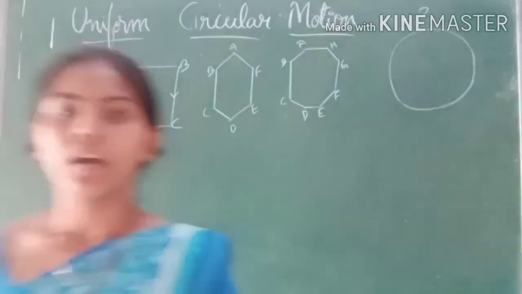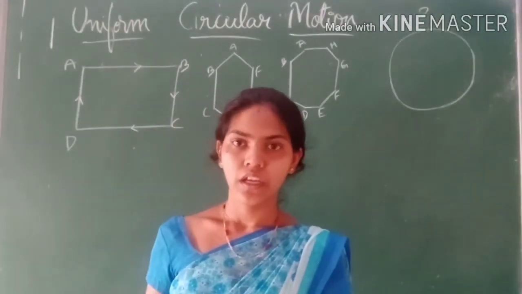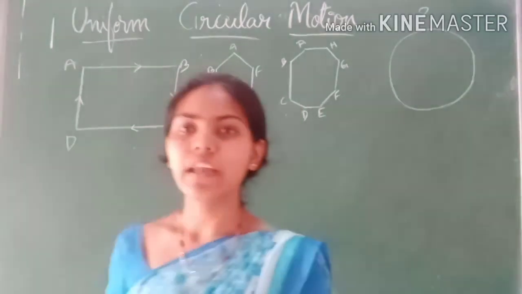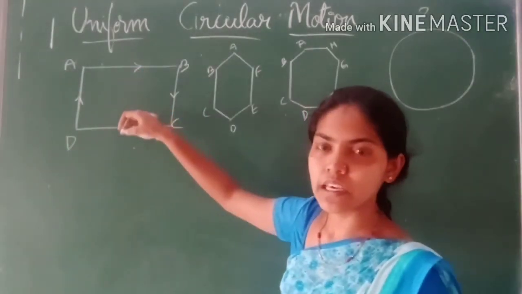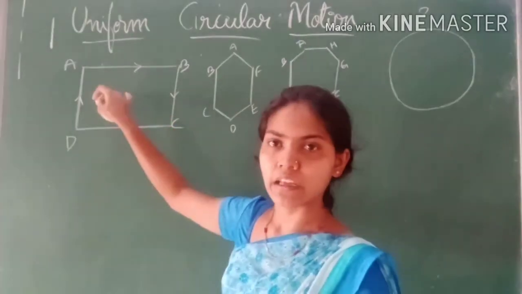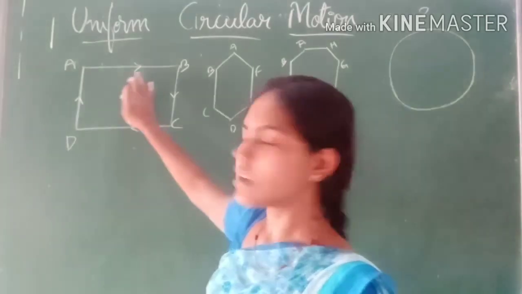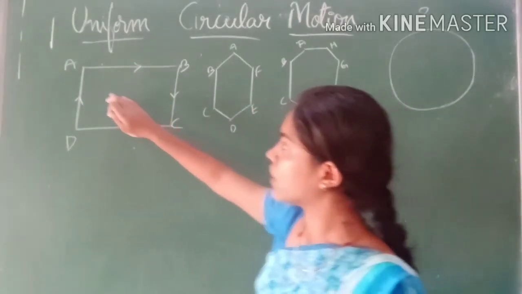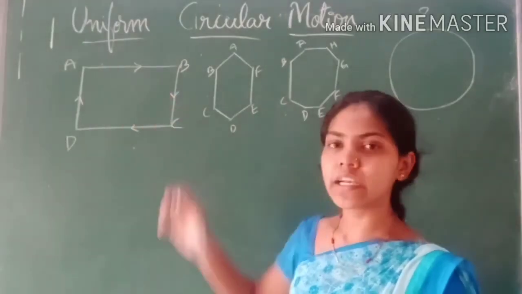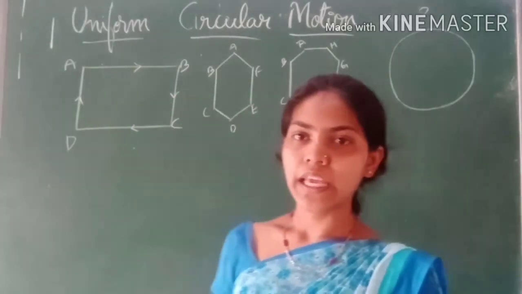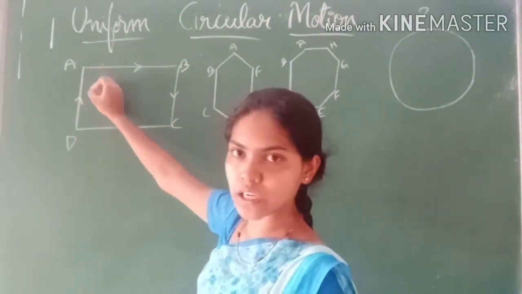Got it? Okay, till now we have studied the equations of motion, and we have studied that when there is a change in velocity, we can say that the object is accelerating. Consider an object moving in a rectangular path. When the object is traveling in a rectangular path, how many times does it have to change direction? 1, 2, 3, 4. 4 times, right?